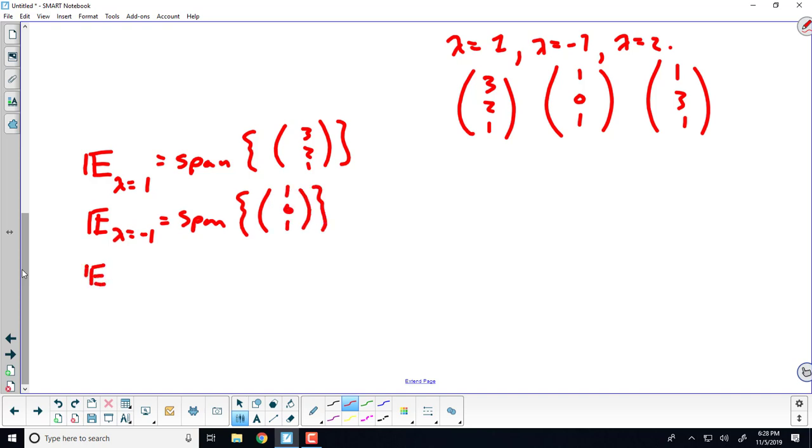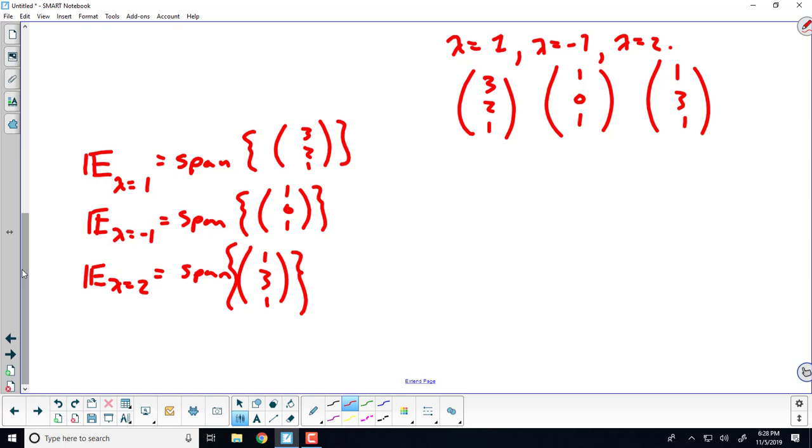And the eigenspace for when lambda is equal to 2 is equal to the span of 1, 3, 1. So there's our three eigenspaces.